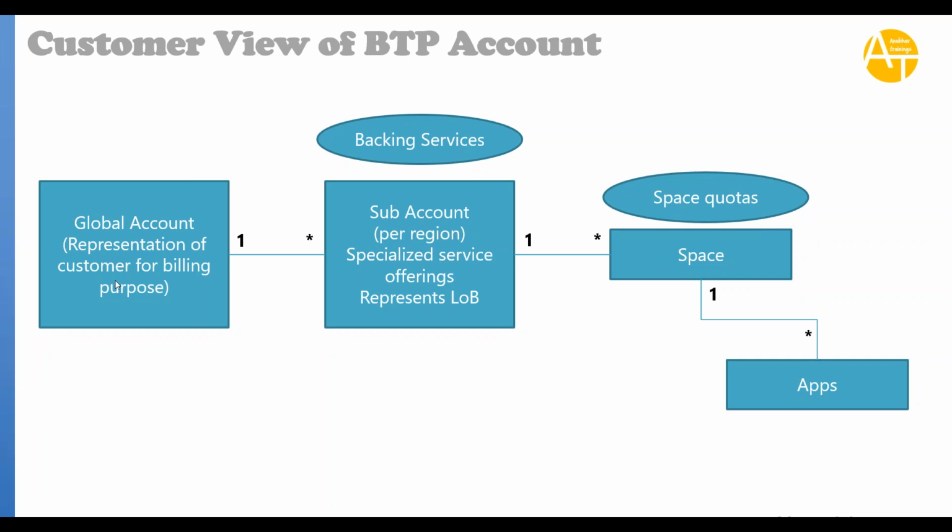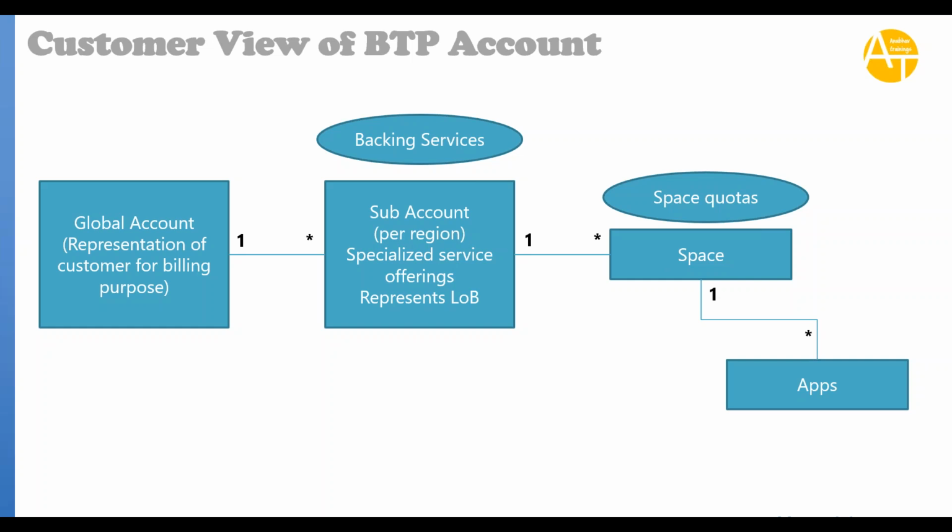Now, within IBM, you have several departments, and each department has different requirements for different types of services, right? So you do not want to mix up everything. Or let's say you have different regions: India, Canada, US, Australia, Singapore. You do not want all the lines of business, like sales, finance, HR, materials, procurement, to mix.